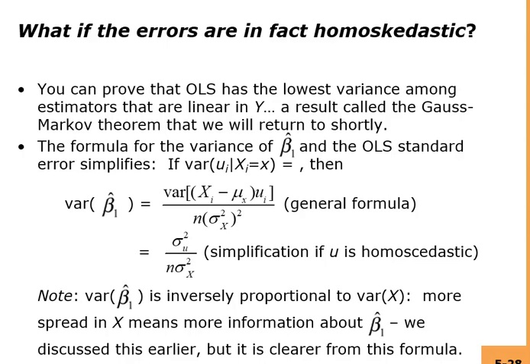Now the actual Gauss-Markov Theorem is too dense to show over here, and if anyone is interested, they can look at the appendix in the book. The formula for the variance of beta 1 hat and the OLS standard error simplifies to this general formula over here, and I've already explained intuitively how the variance of U and the variance of X affect the variance of beta 1 hat.